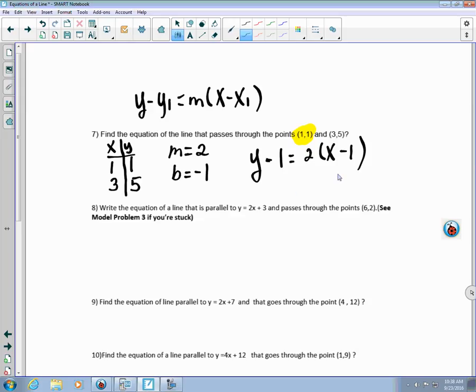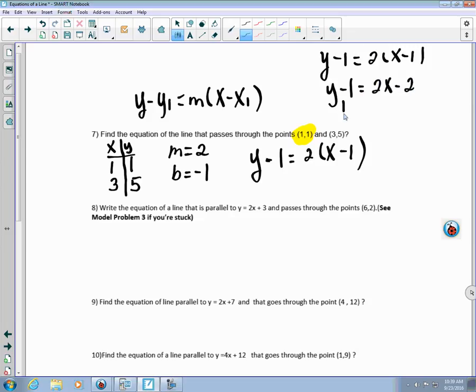Okay, let's change that to standard form. Now I want it in standard form, so how can I do it in standard form? Very good. I'm going to take that 2 and multiply it, right? So y minus 1 equals 2 times x minus 1. So this is y minus 1 equals, what's 2 times x? 2x, and 2 times -1.